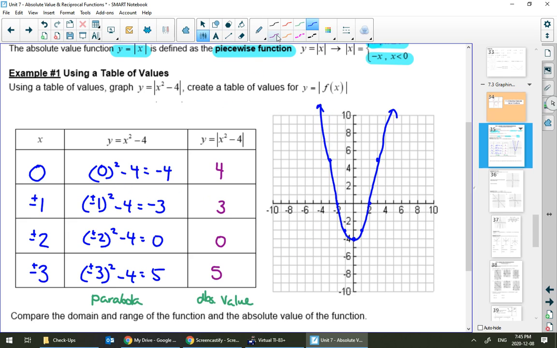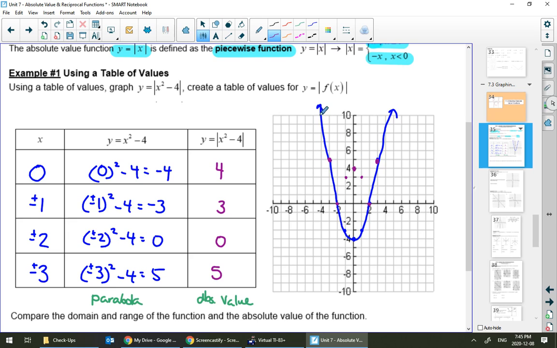All right, now taking a look at the absolute value, we have 0 and 4, and then we have plus or minus 1 giving me 3, and 3, and we have 0 and 0, and then we come up to 5 and 5.